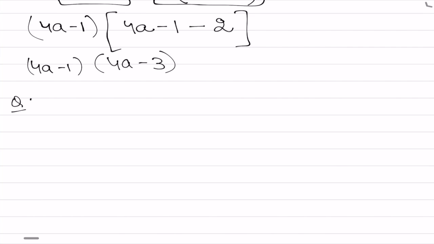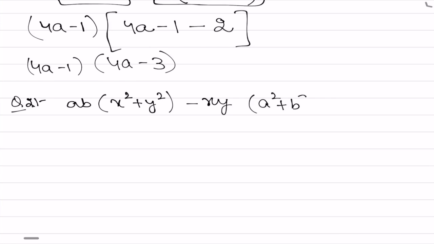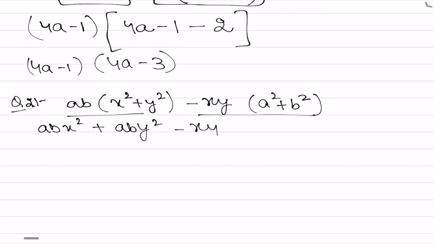Next question is question number 21. ab into (x square plus y square) minus xy into (a square plus b square). Again, in both the terms nothing is common. So what we will do, we will first open the brackets: ab x square plus ab y square minus xy a square minus xy b square. Now we have to rearrange the terms.